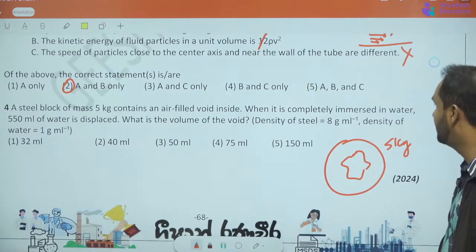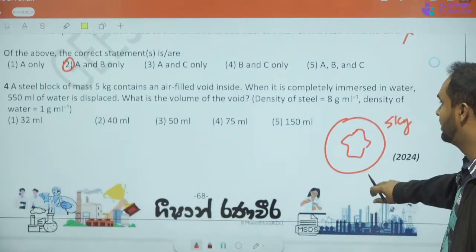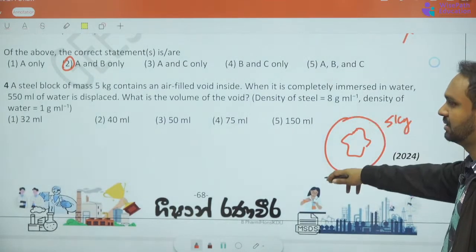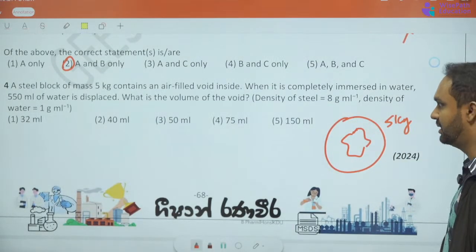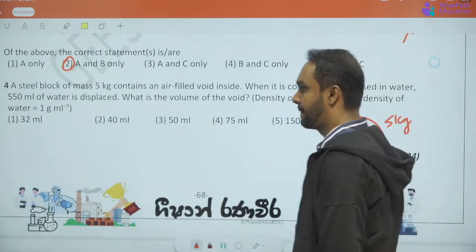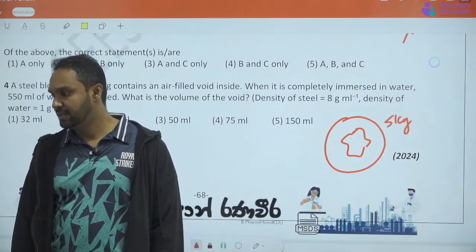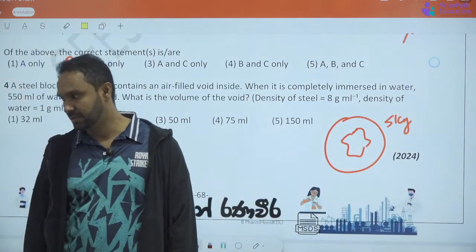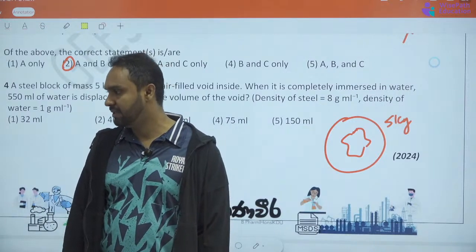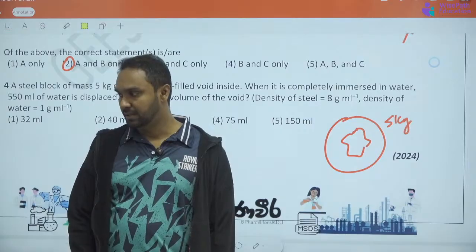When it is completely immersed in water, 550 milliliters of water is displaced. So when you immerse this whole object in water, 550 milliliters of volume is displaced. What is the volume of the void? The density of steel is 8 gram per milliliter. The density of water is 1 gram per milliliter.